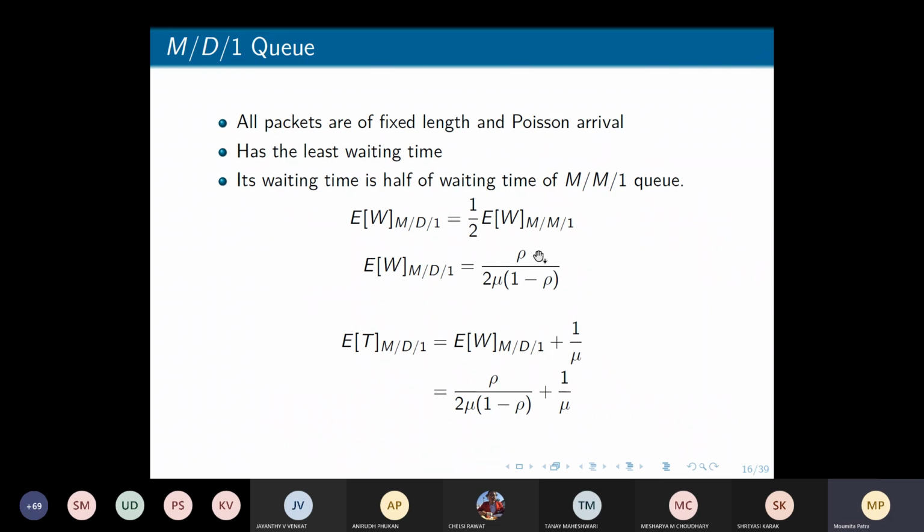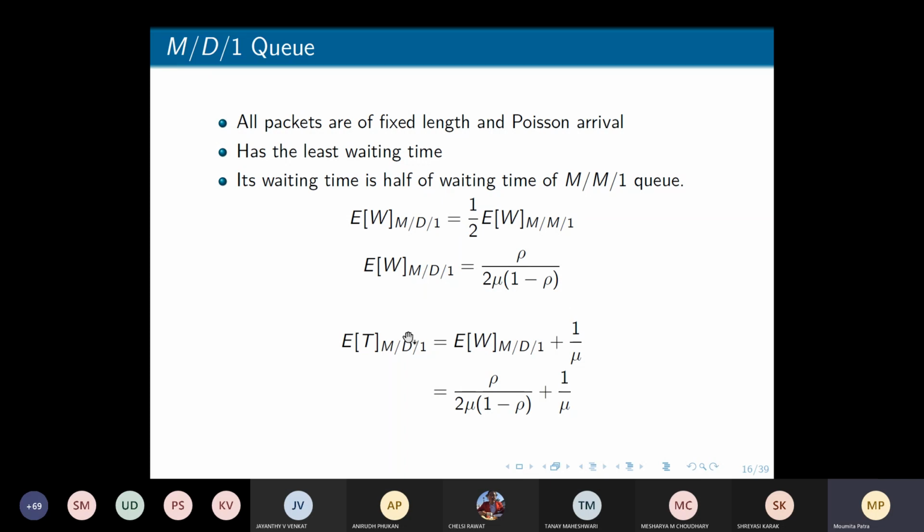After doing that, and subtracting 1 upon mu, we get the average, or expected, time a job has to wait in the queue of an M/D/1 queue, which is given by rho by 2 mu (1 minus rho). This is E[W] for M/D/1.